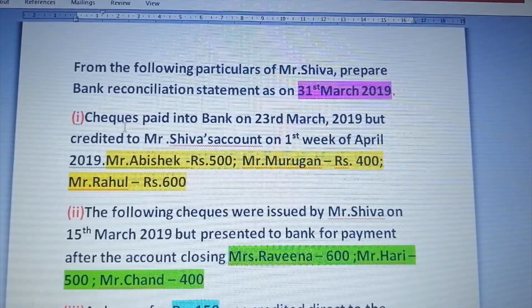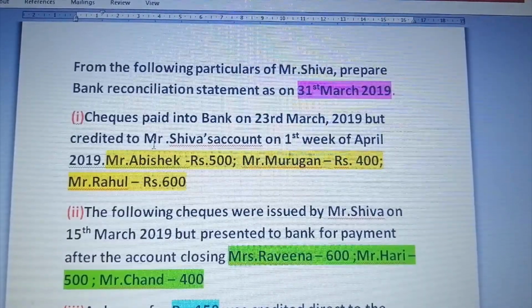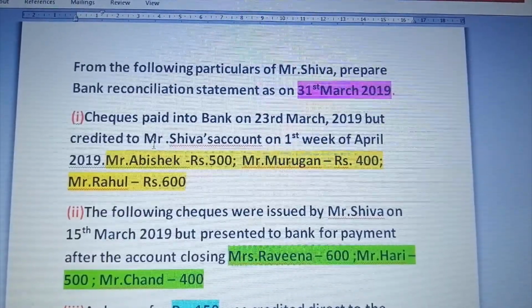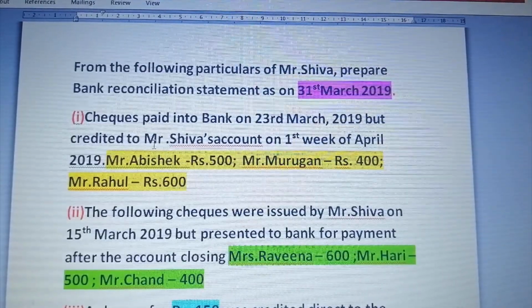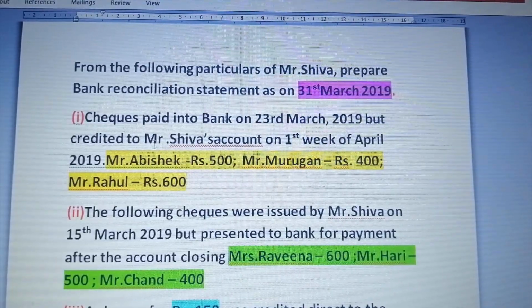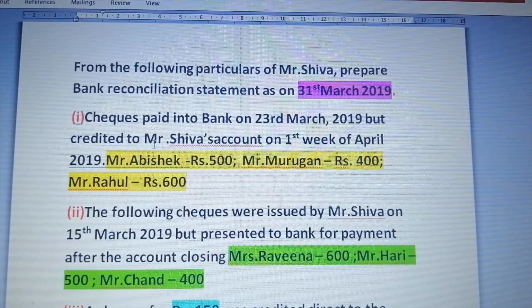The amount of these checks were credited to his account later. Okay. So till this date, this amount has not yet been credited to Mr. Shiva's account. Then what will happen? This transaction indirectly leads to decrease the balance of passbook when compared to cash book. Clear?